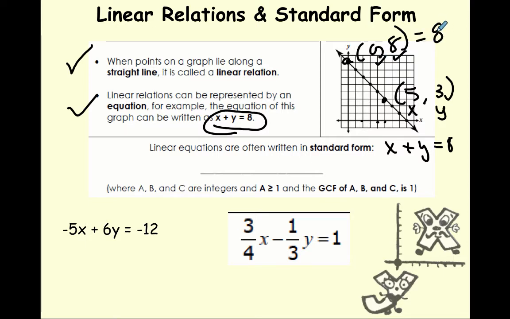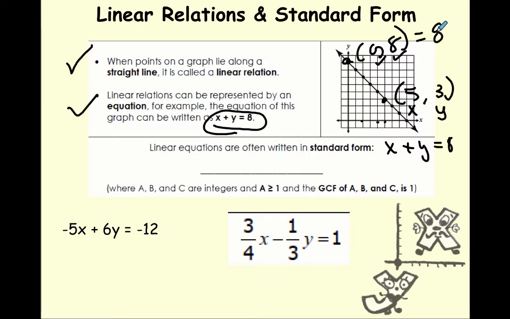So every single point on that line shares that linear relationship, which means every single one is a point whose coordinates add up to 8. That's why we have infinite points, because every single pair of numbers that adds up to 8 makes an ordered pair that's a solution to this function.